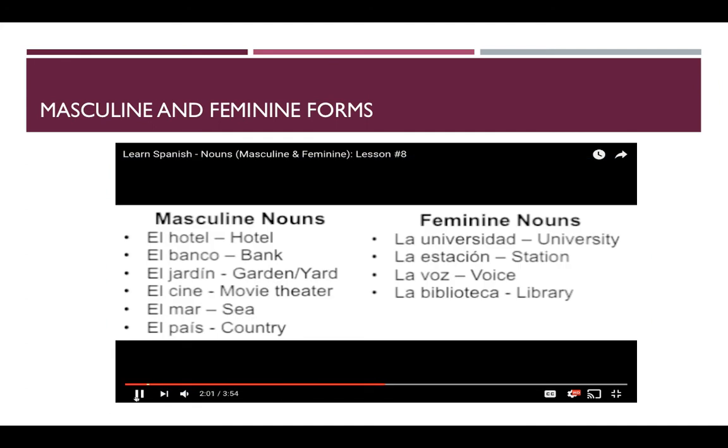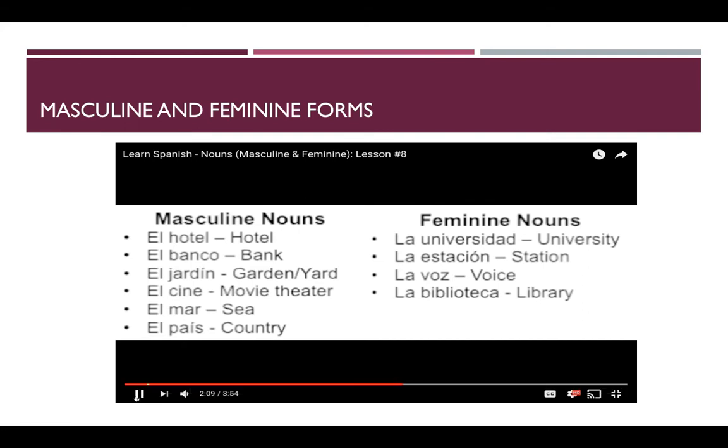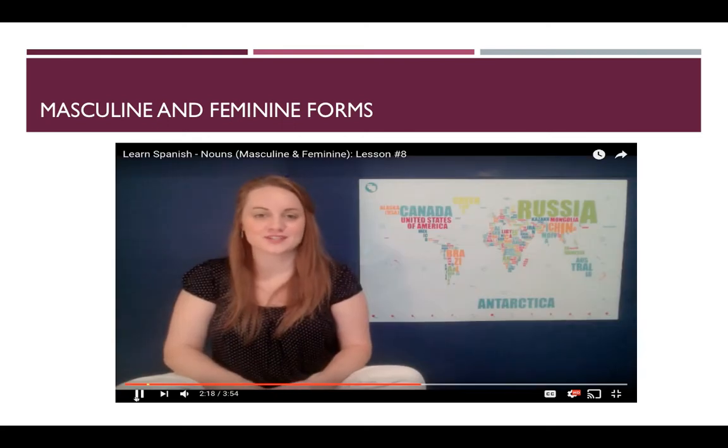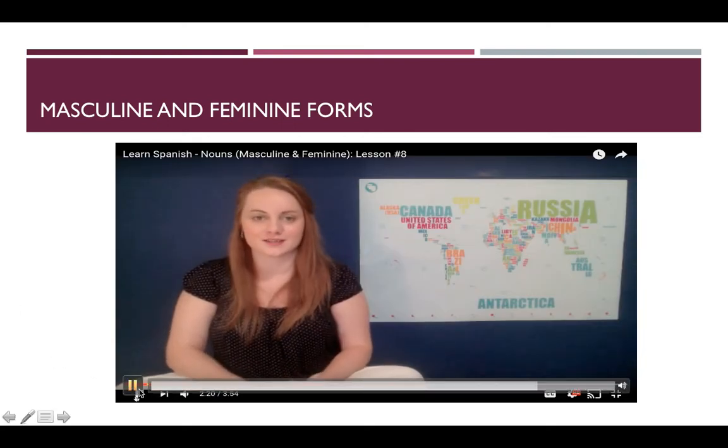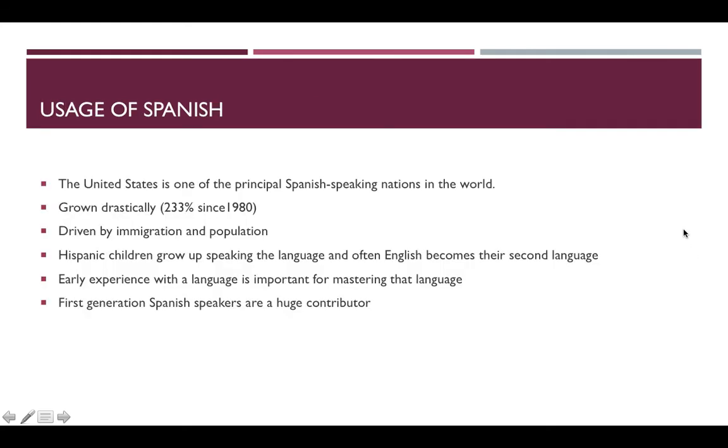So let's take a look at these nouns on the screen. The nouns on the left are masculine and the nouns on the right are feminine. There's two reasons we know that. Number one, the article in front of the noun tells us. And number two, the last letters of the nouns follow the Loners and Dions rule. And of course, there are always exceptions. In my book, there's a couple pages that discuss them, too. So that is the quick video, your quick lesson.